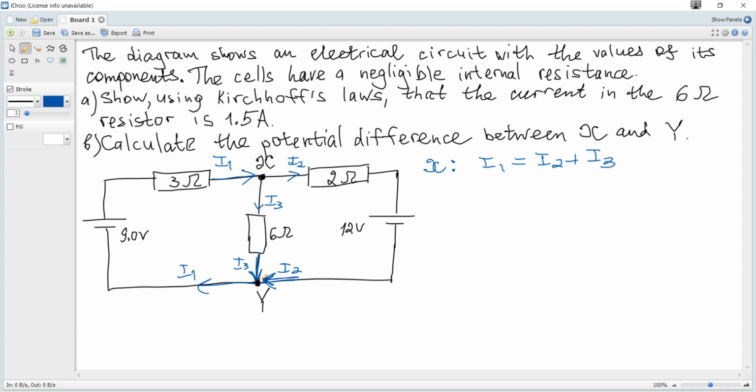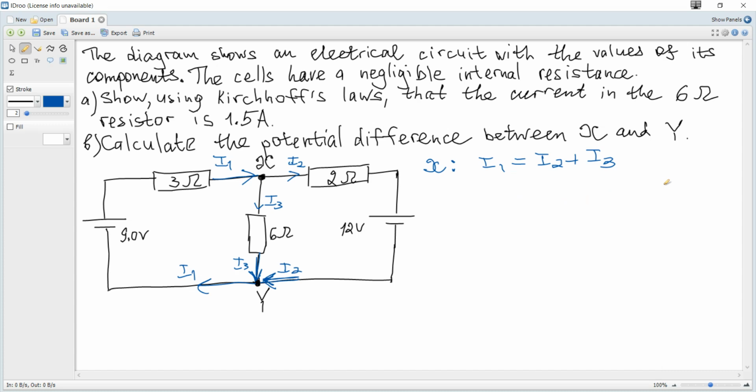And if we consider the node Y, the total current in, I2 plus I3, is equal to the total current out, I1. We can see that these two equations are identical, so it's a dependent equation and we don't need it.